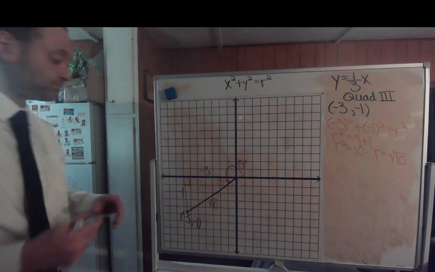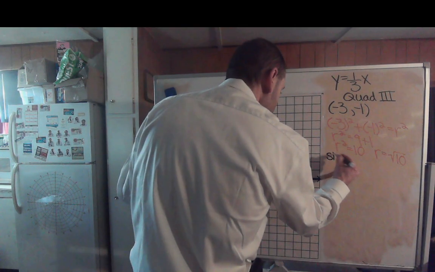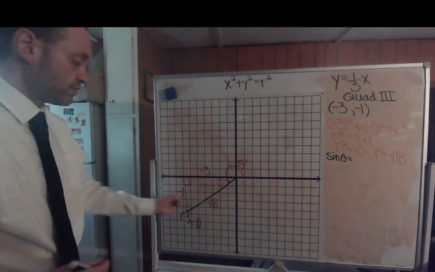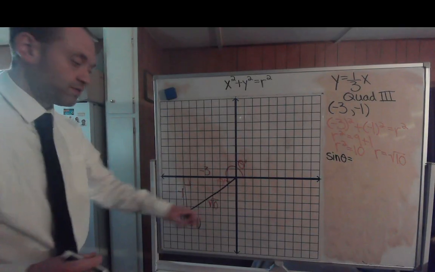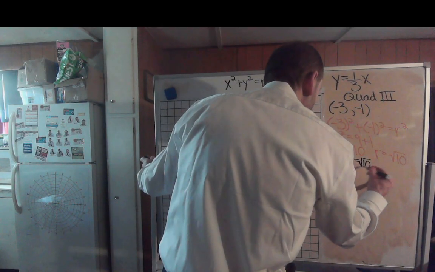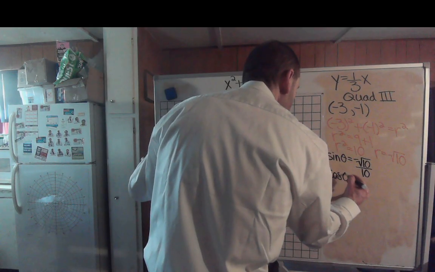Alright, so sine of theta, good place to start. It doesn't matter where you start, I'm just picking the sine. That's the opposite over hypotenuse, so -1 over square root of 10, that would be negative square root of 10 all over 10. Let's do the cosine of theta.